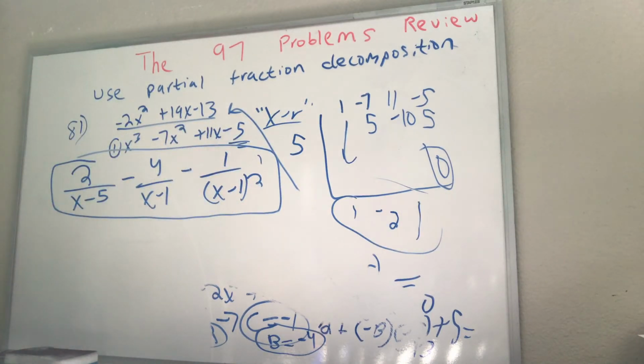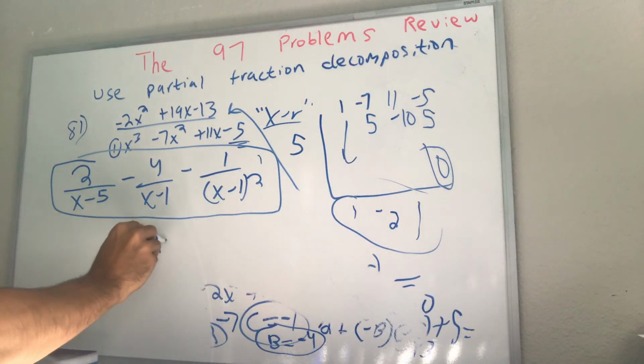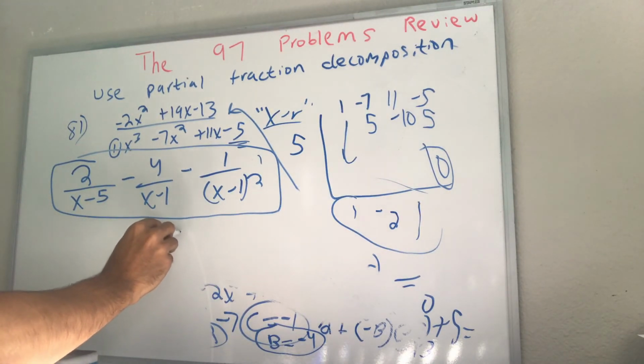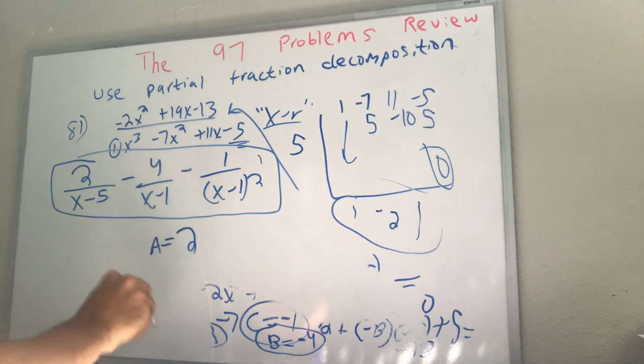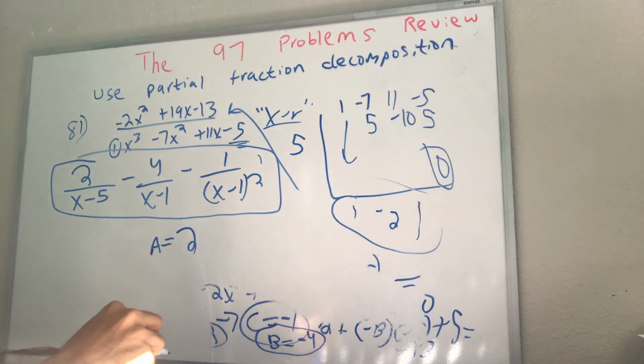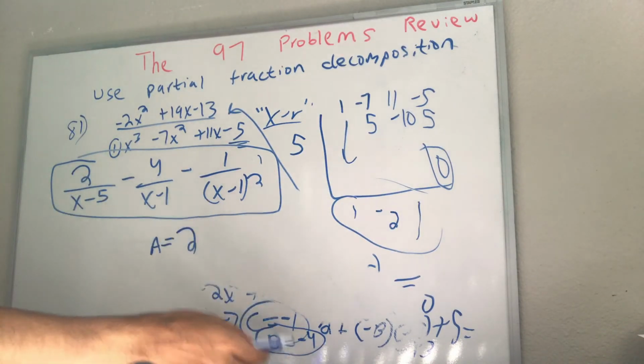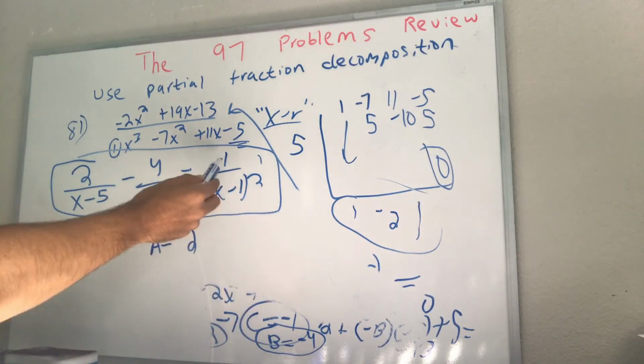So this is your value here, and all I did was find the values of a, b, and c. A was equal to 2, b was equal to -4, and c was -1.